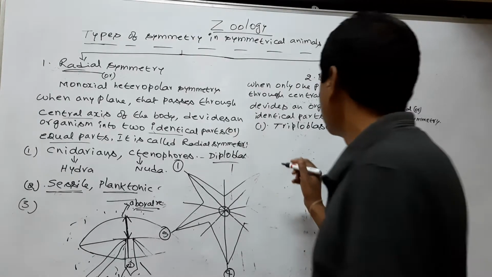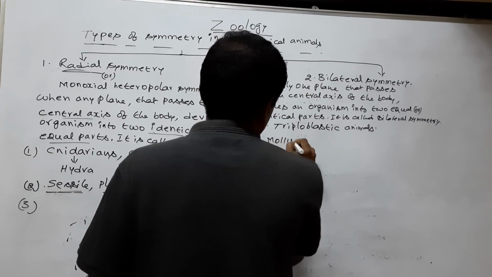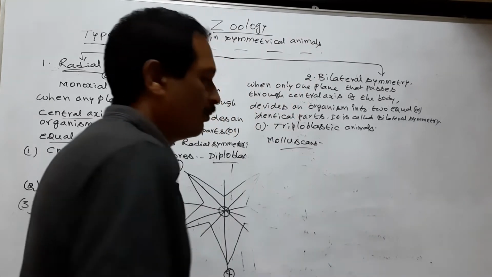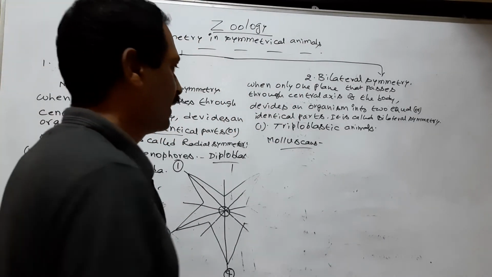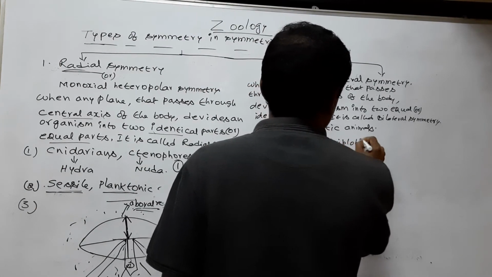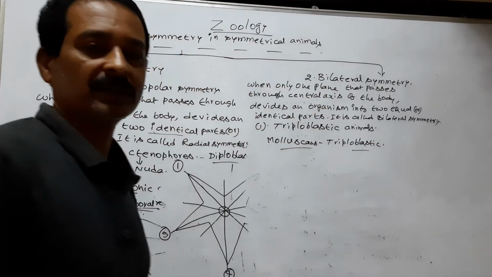But the molluscans, for example, are triploblastic animals.